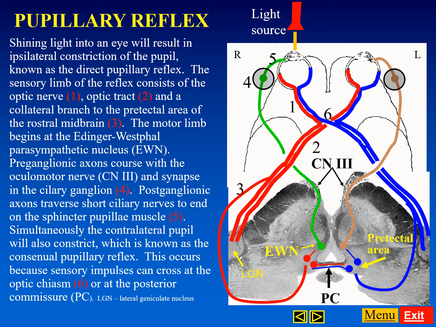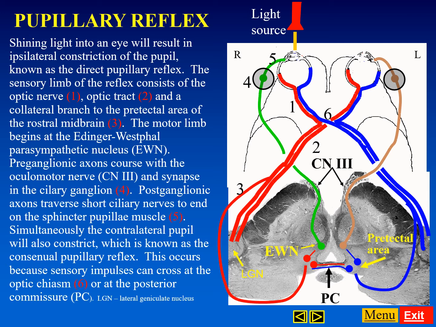The other option is that the collateral branch on the right side to the pretectal area hooks up with internuncial or interneurons that cross the midline in the area of the posterior commissure and will then stimulate interneurons that will link up with the Edinger-Westphal nucleus on the left side.